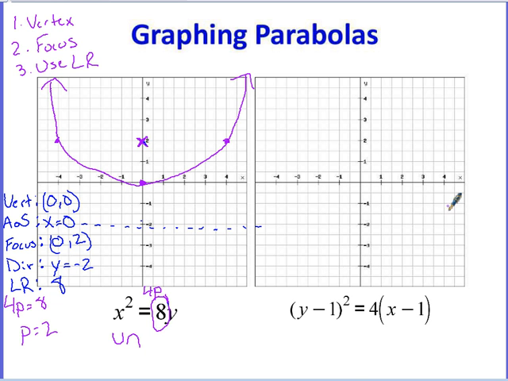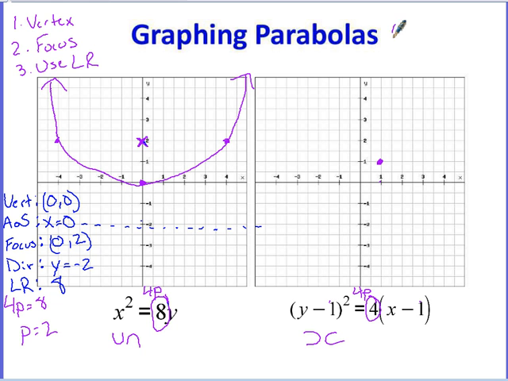Let's graph this second example. This time I have y squared, so I know it's going to be a sideways parabola. Vertex is the opposite of what's in parentheses, so I have negative 1, negative 1, so that means my vertex is going to be at 1, 1. Then again, the coefficient of the non-squared term, so x is not squared, so its coefficient is 4, that is 4p.